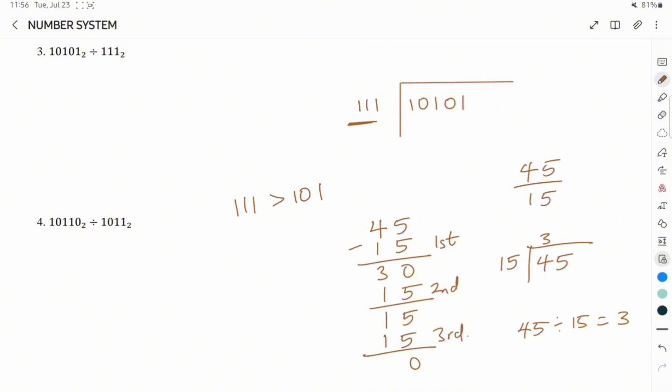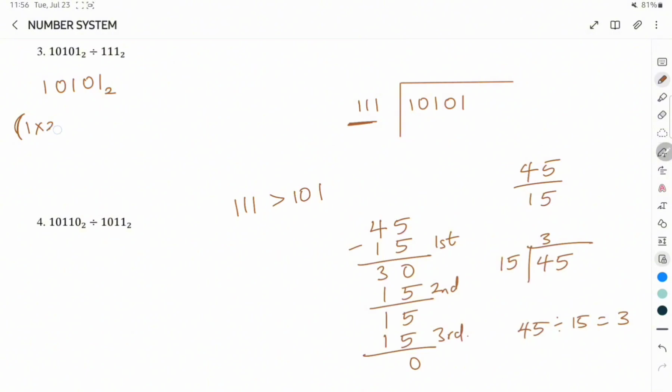So let's convert 10101 base 2 to base 10. This is going to serve as a revision on how to convert binary numbers to base 10. We are going to open a bracket and multiply each digit by the base.